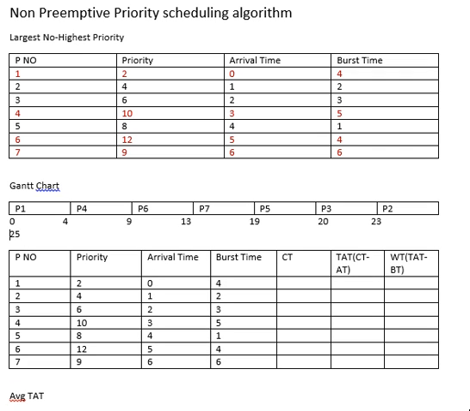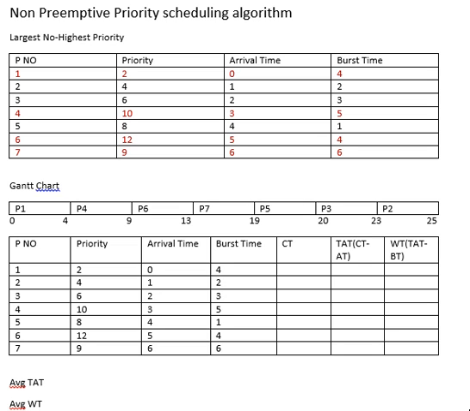Okay, so that's the Gantt chart. Now we all know how to solve the table. The completion time is the time we have here in the Gantt chart. Turnaround time is completion time minus arrival time, and waiting time is turnaround time minus burst time. So I'll write the completion time for process P1, that's 4, because we have 4 here.